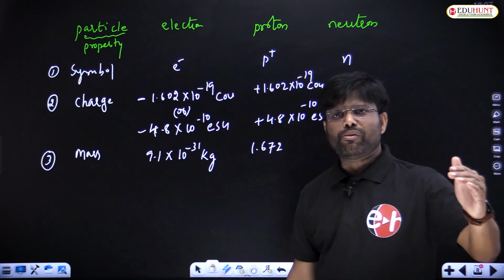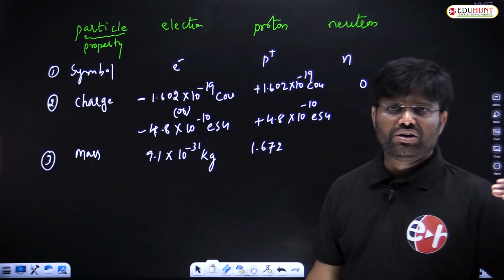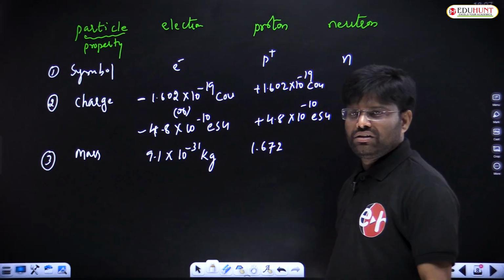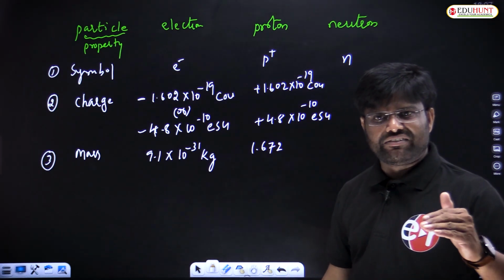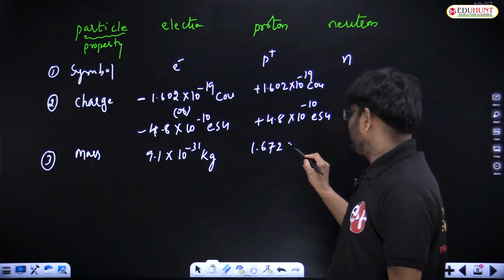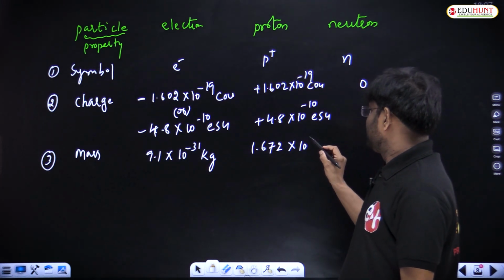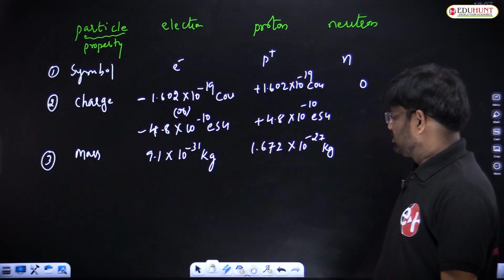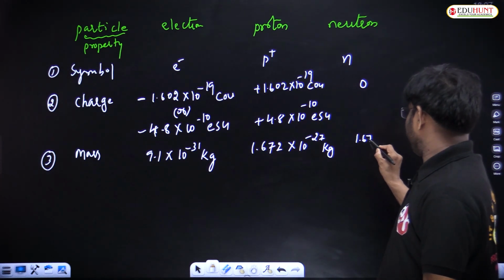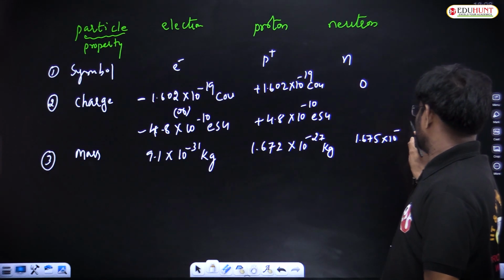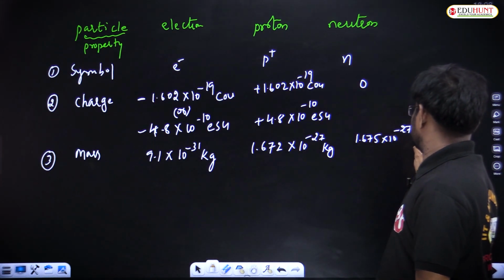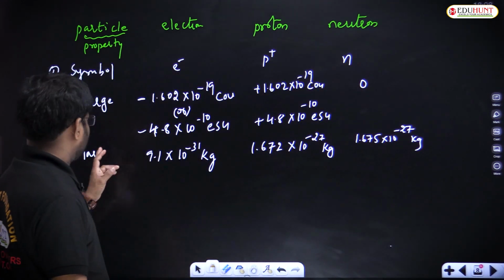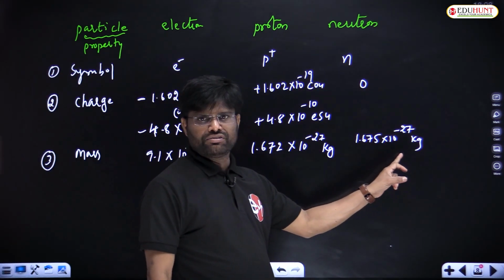In some textbooks 1.672 is there, in some textbooks 1.675 is there. So 1.672 or 1.673 into 10 power minus 27 kgs mass. For the neutron it is 1.675 into 10 power minus 27 kgs. So this is about the mass: mass of electron, mass of proton, mass of neutron.